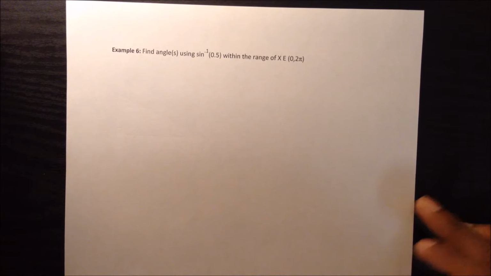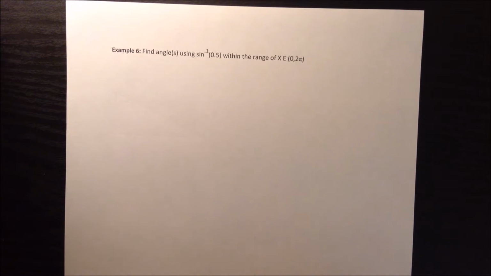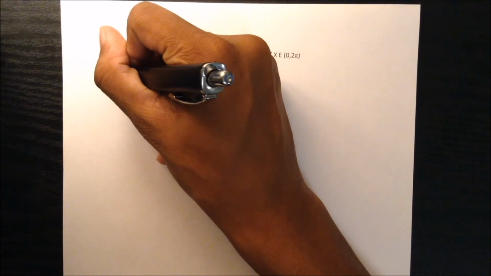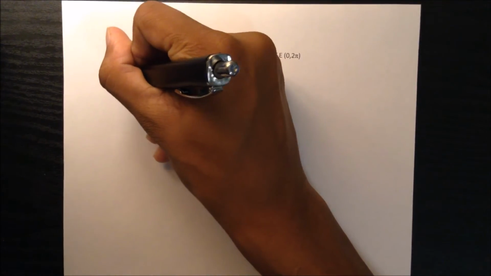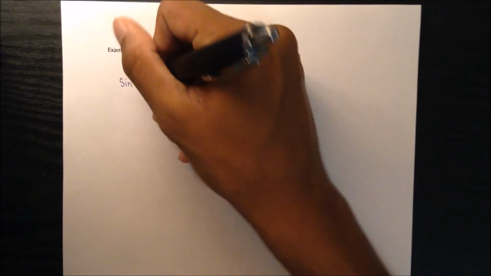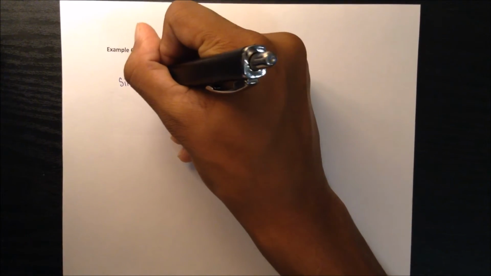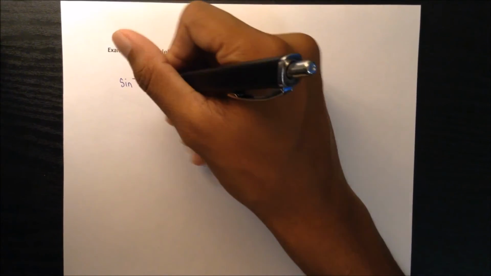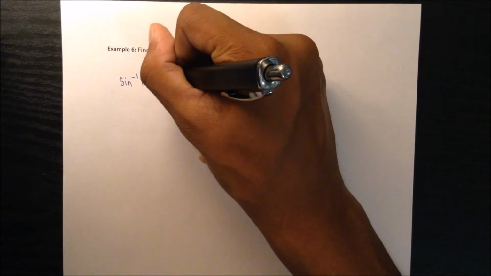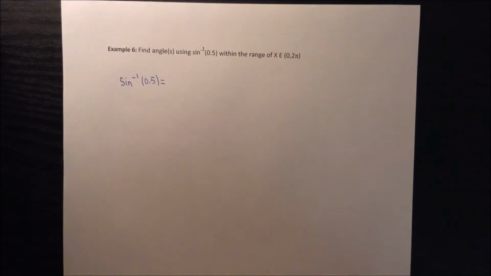So example 6 asked us to find angles using sine to the power of -1 bracket 0.5 bracket within the range of 0 and 2 pi. So first we need to find the value of sine to the power of -1 bracket 0.5 bracket. So let's write this down. Sine to the power of -1 equals, oh, we need a calculator for this one.